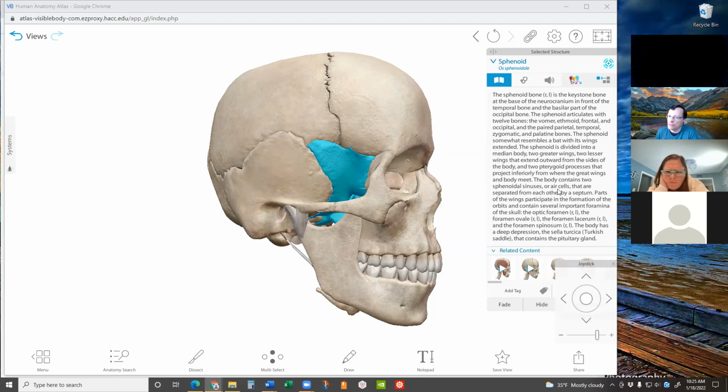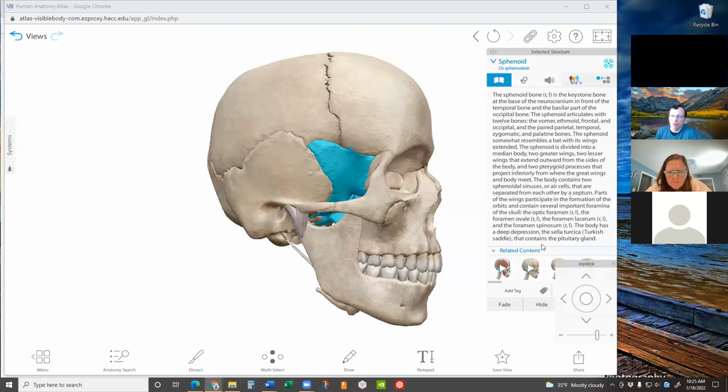A sinus is a passage for air, separated from each other by a septum, a bony wall. Parts of the wings participate in the formation of the orbits, and contain several important foramina of the skull. A foramen is a hole. The optic foramen, the foramen ovale, the foramen lacerum, and the foramen spinosum.